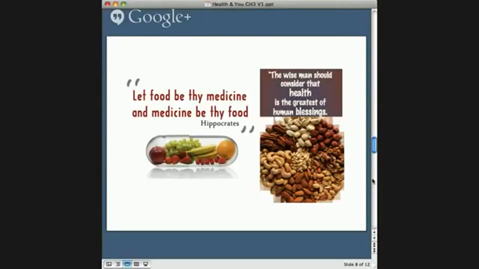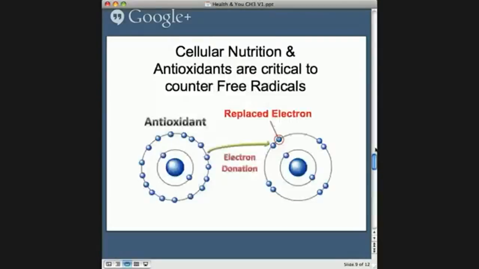Simultaneously, we can also take an antioxidant supplement. This is what would happen with an antioxidant. The antioxidant has more electrons around the outside than the 8, which means it's able to donate an electron to a free radical cell and balance that free radical cell back out.